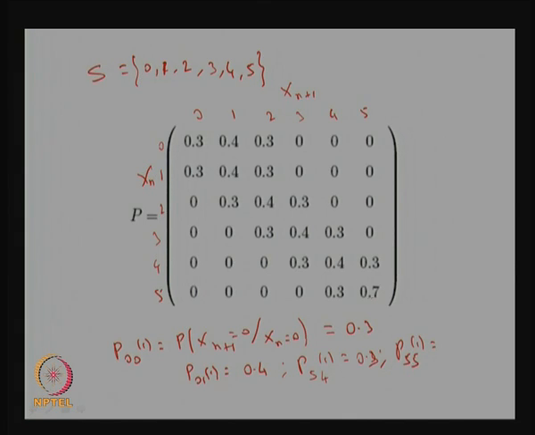If 2 persons arrive, then they cannot be accommodated, so they won't join the system. Therefore, X n takes the value 5 with the combination of 0.4 as well as 0.3. Therefore, the probability of the system moving from 5 to 5 is 0.7, because of 0.4 plus 0.3.